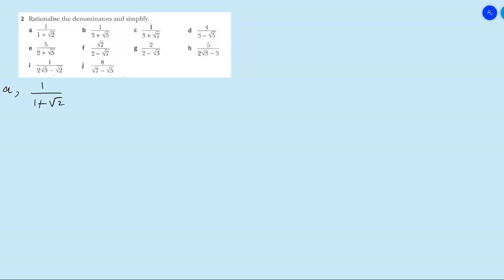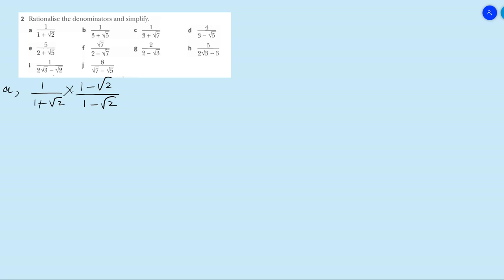So when we have two numbers, then we have to multiply and divide by the conjugate of the denominator. Conjugate means if you see a plus sign between the terms of the denominator, you have to multiply and divide by the same terms with a minus sign. 1 plus root 2 becomes 1 minus root 2, upon 1 minus root 2. Multiply numerator by the numerator.